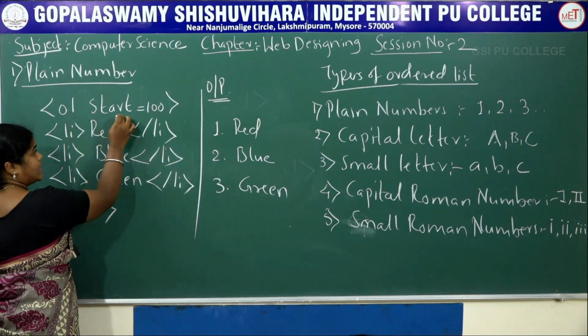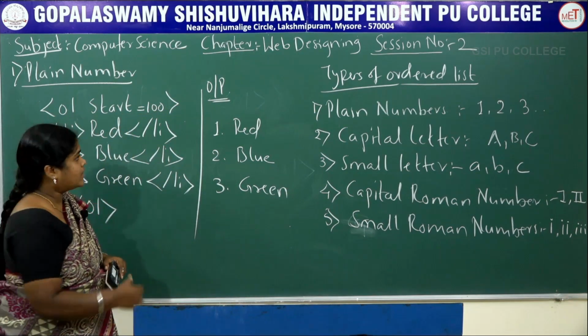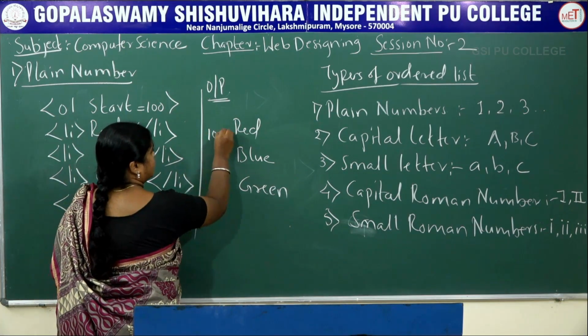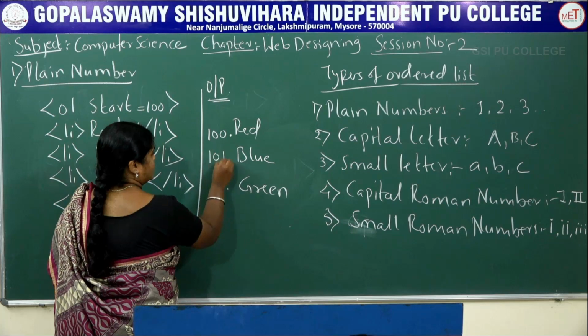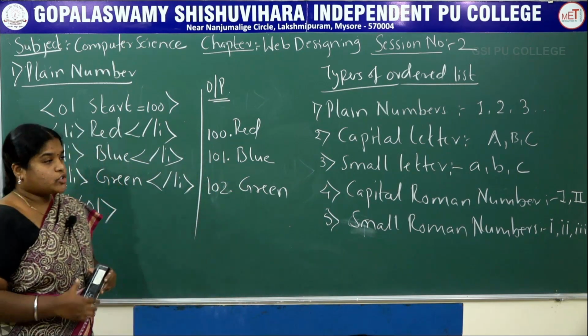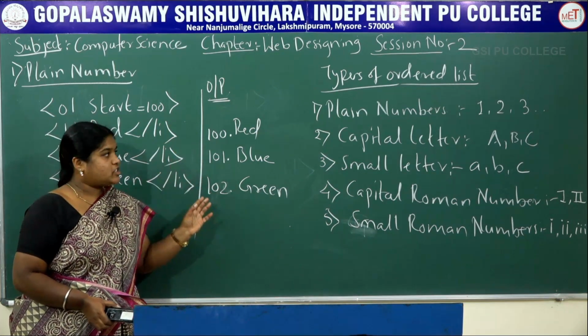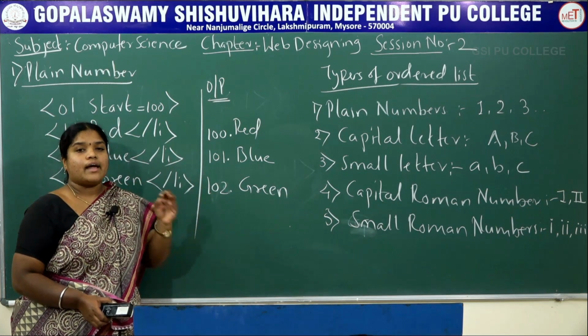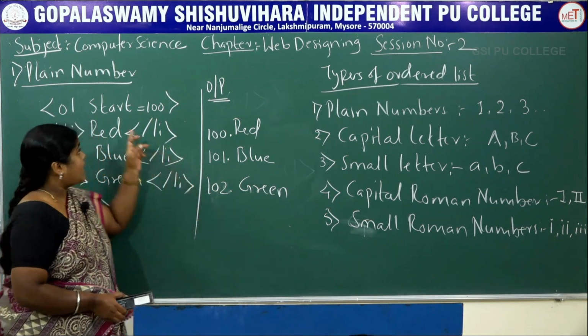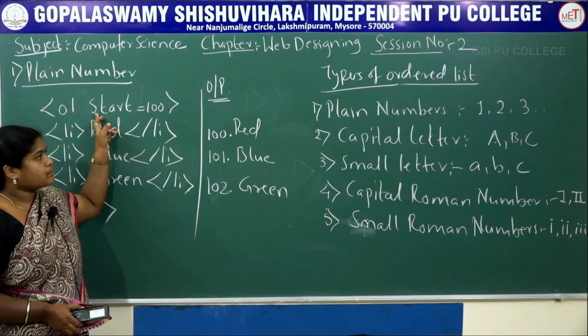So OL start is equal to 100. In that case, the output will change. Here it will be 100, the next will be 101 and then the next will be 102. So this is how you can change the number from which it has to start using the attribute start.